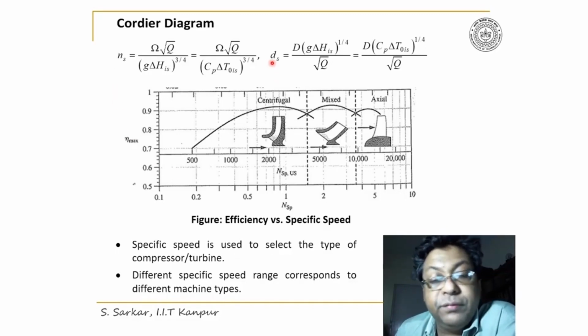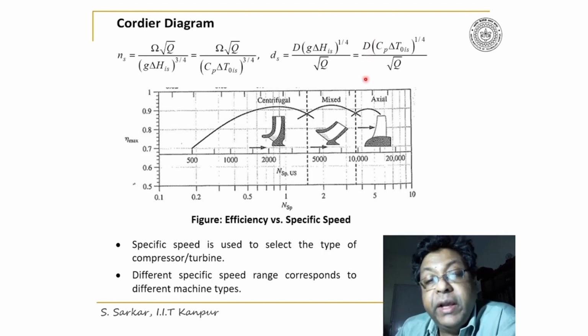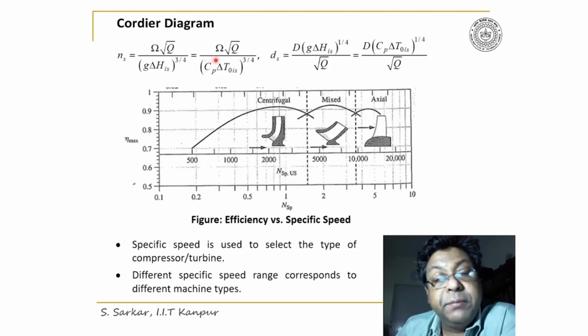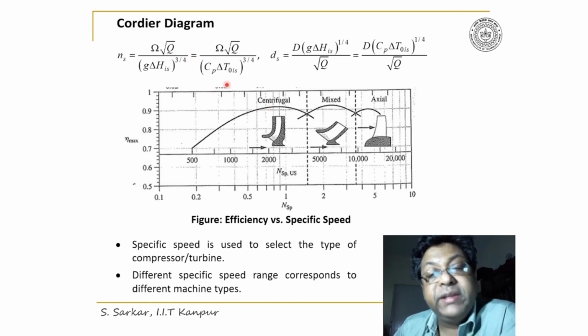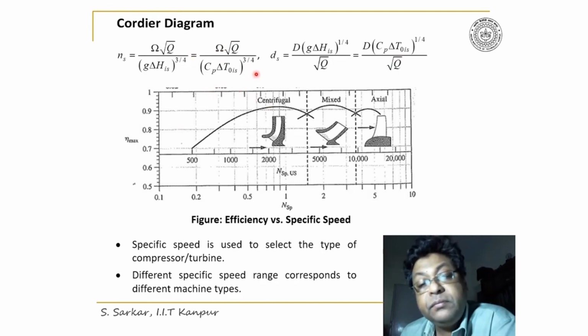For compressible flow, the specific diameter now is given by D into Cp delta T0,is to the power 1/4 by root over Q, and Ns can be expressed as omega root over Q divided by Cp delta T0,is to the power 3 by 4.